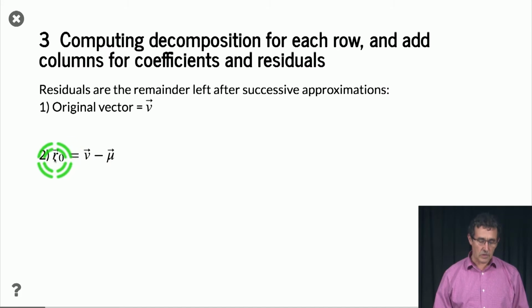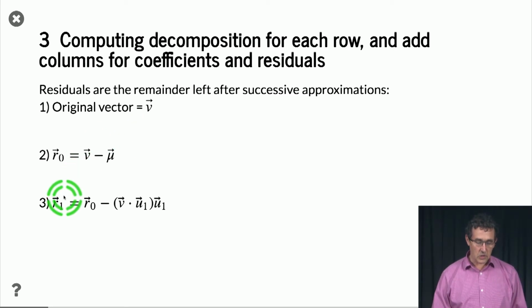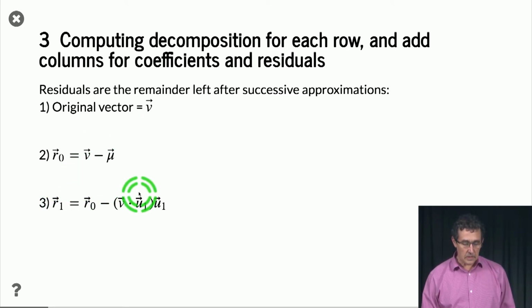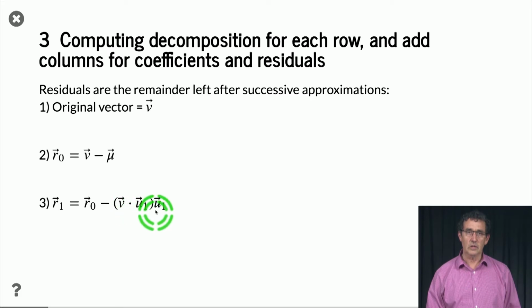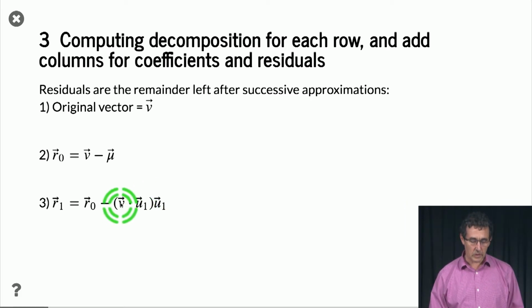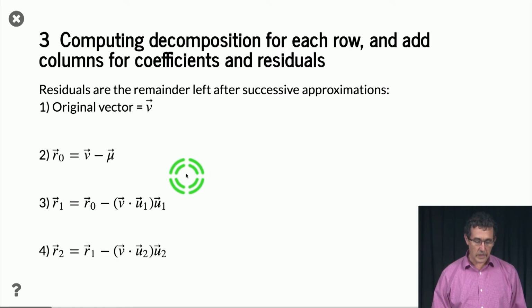So that's the residual after we approximate using the mean. The second approximation, or R1, is the approximation where we take R0 and we subtract the first component, the first principal component. Okay, so that gives us the second one, and then we continue in this way.